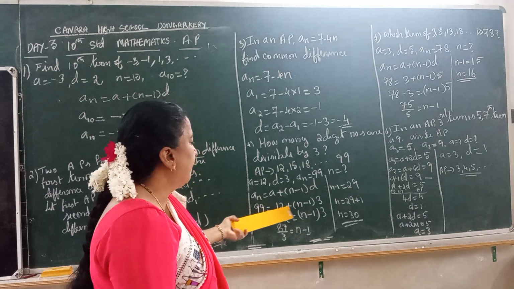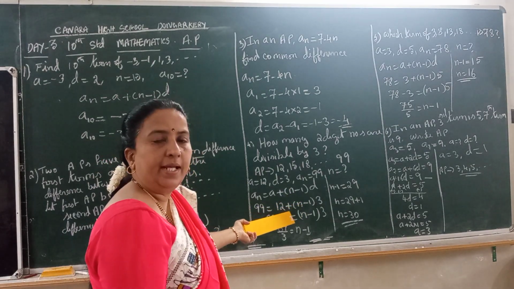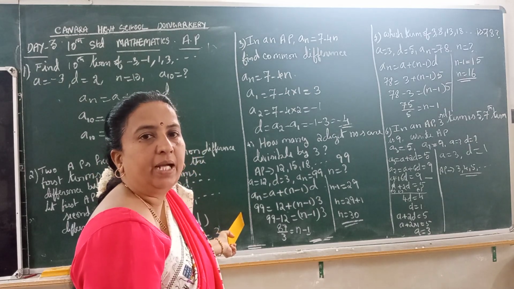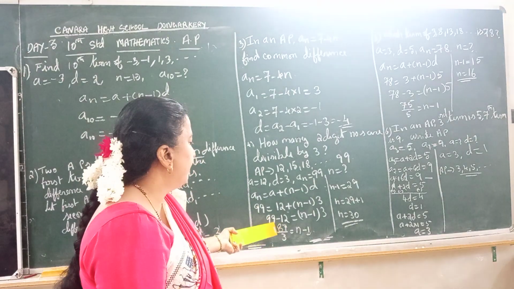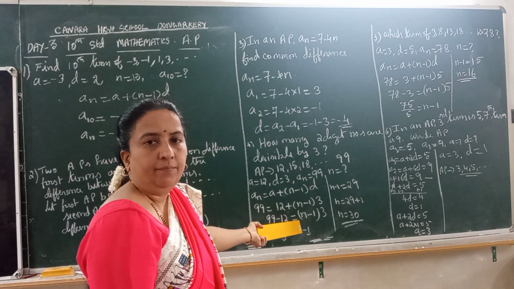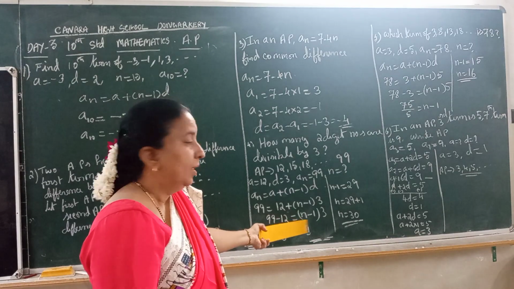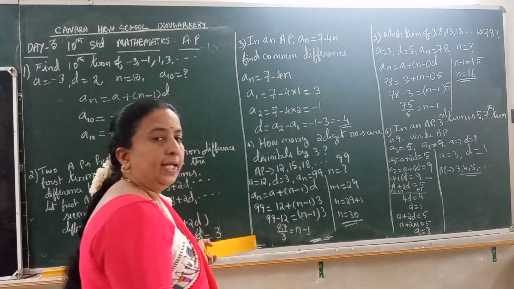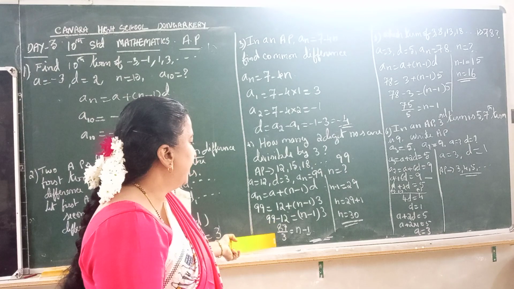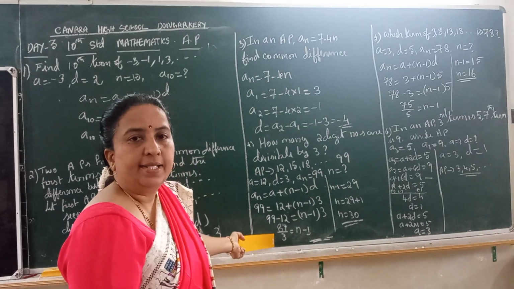Now between 12 and this bracket, which sign is there? Plus. So when we shift 12 to the other side, it will become minus. 99 minus 12 is equal to n minus 1 into 3. Then when we move 3 to the other side, it will become division. 99 minus 12 is how much? 87.